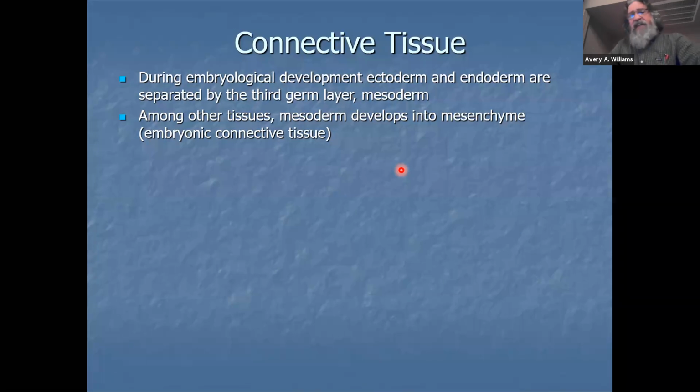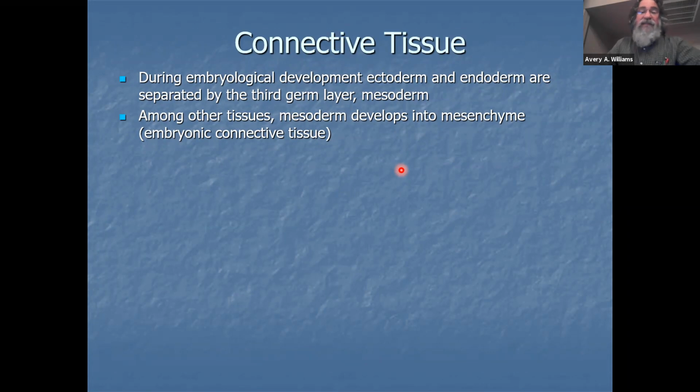And so it's a very primitive form. It's an undifferentiated form of connective tissue. It's not any particular type at this point, but mesenchyme is unusual for a tissue because these cells in the embryo migrate, and they detach and creep along and set up shop in different parts of the developing embryo and develop into a type of connective tissue.